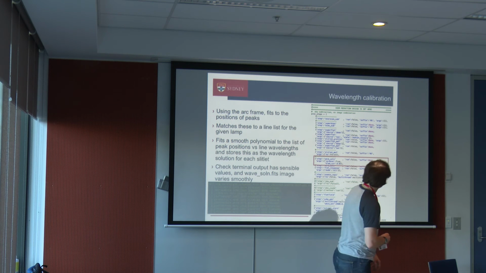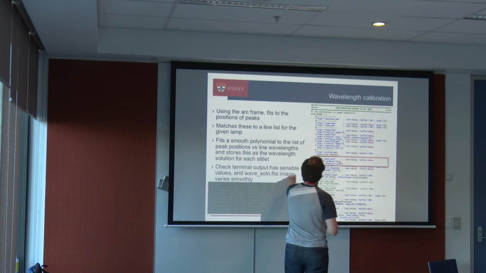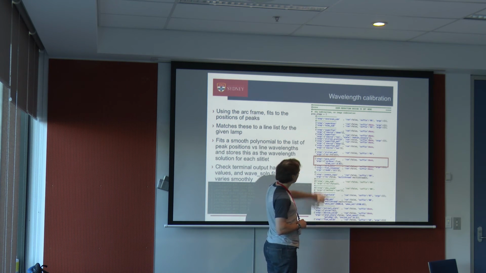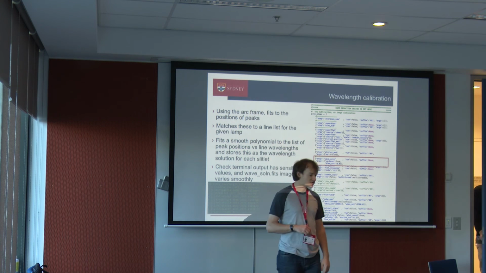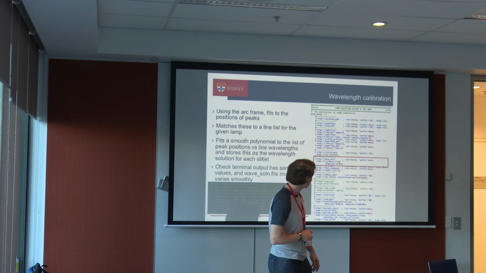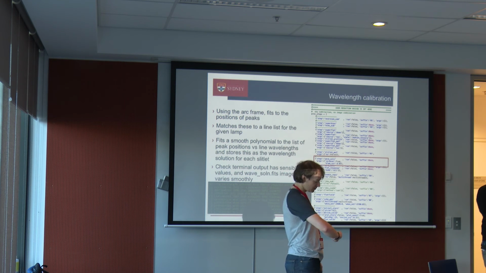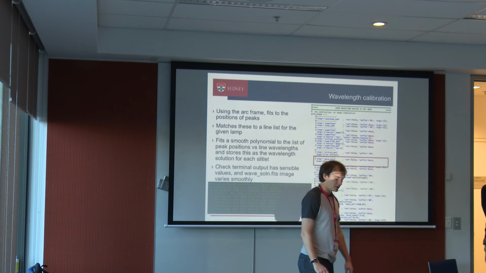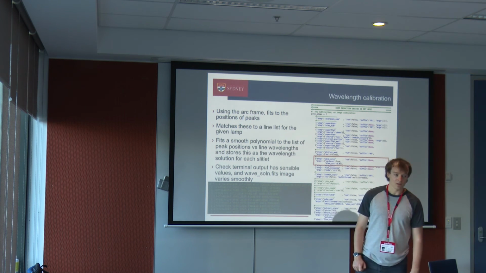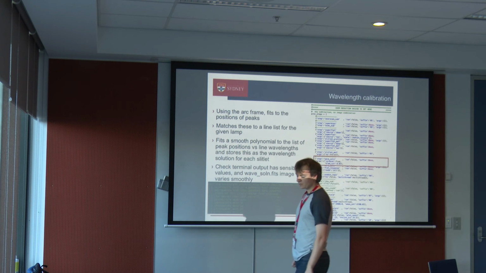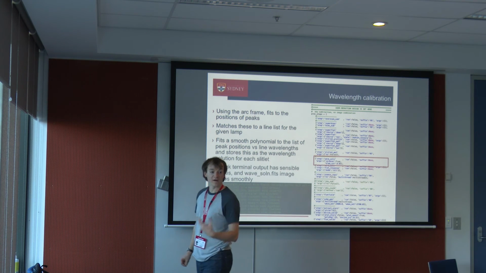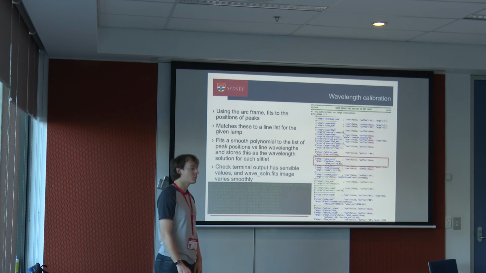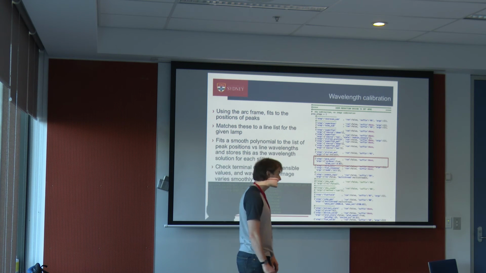Okay, next step, wavelength calibration. So in the wavelength solution, on each of your multi-extension slits that have been extracted, it will extract the arc spectrum for those slitlets. It will find the peaks in that spectrum. It will compare those peaks to a known line list.